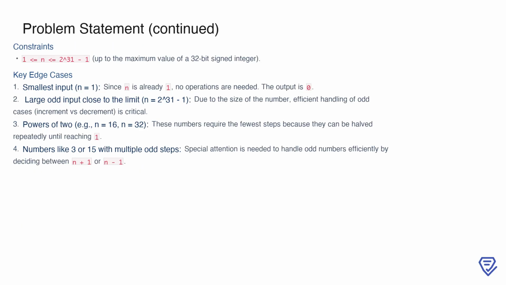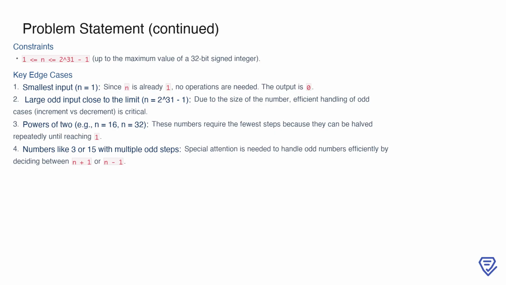This problem also comes with specific constraints and edge cases worth noting. The input n is guaranteed to be a positive integer between 1 and 2^31 − 1, which is the maximum value of a 32-bit signed integer. Certain edge cases highlight different aspects of the problem. For example, if n equals 1, no operations are needed, so the output is 0.